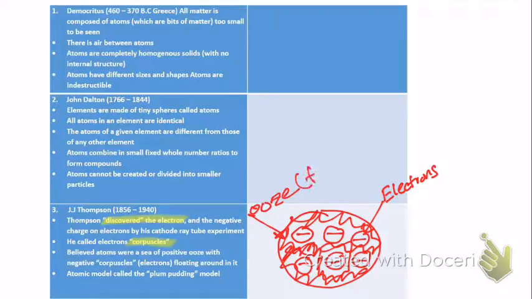that was positively charged. Now, he's going to call his model the plum pudding model, and this is why. Plum pudding is made up of plums that are embedded in or surrounded by a matrix or an ooze of pudding. All right?